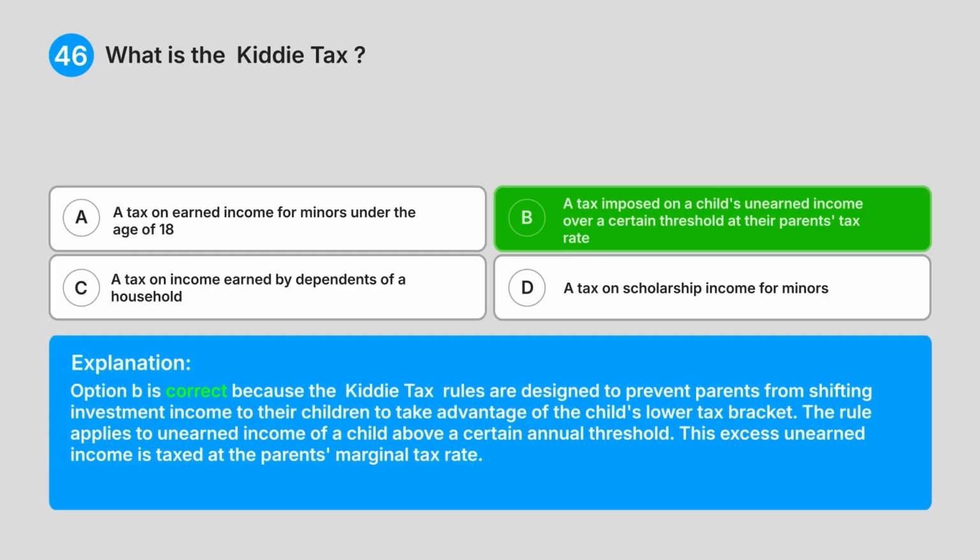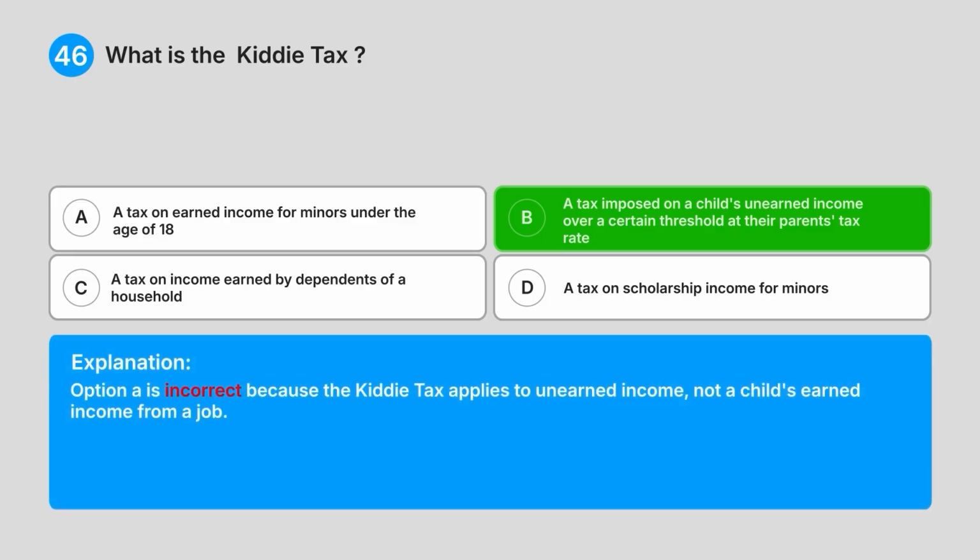Explanation. Option B is correct because the kiddie tax rules are designed to prevent parents from shifting investment income to their children to take advantage of the child's lower tax bracket. The rule applies to unearned income of a child above a certain annual threshold. This excess unearned income is taxed at the parent's marginal tax rate.